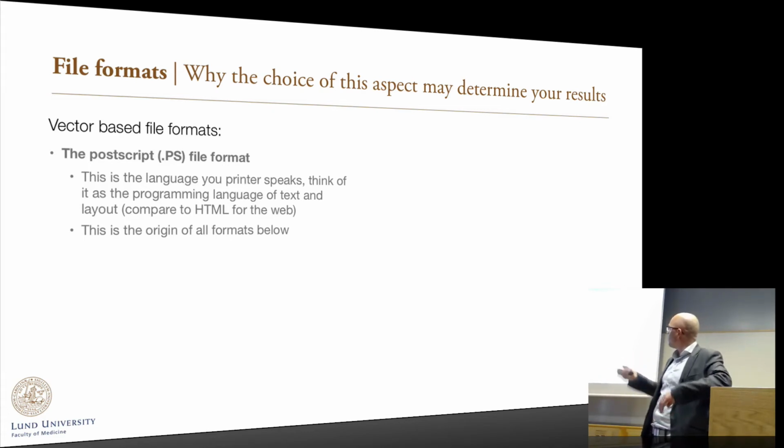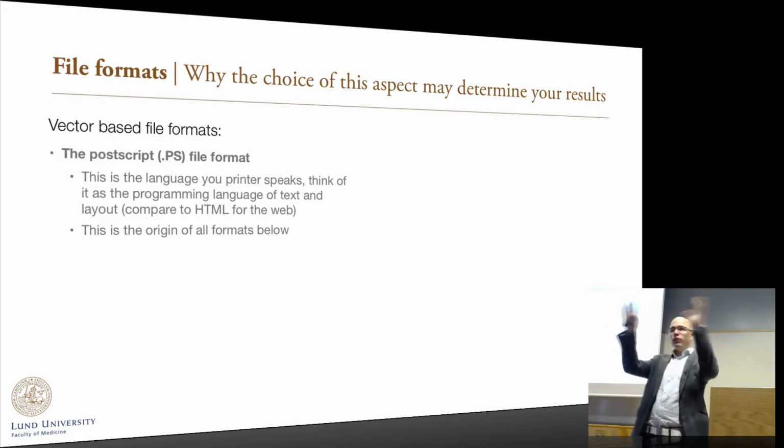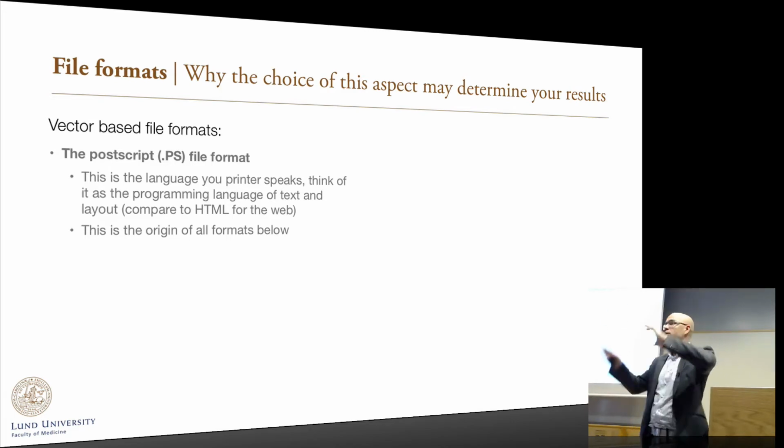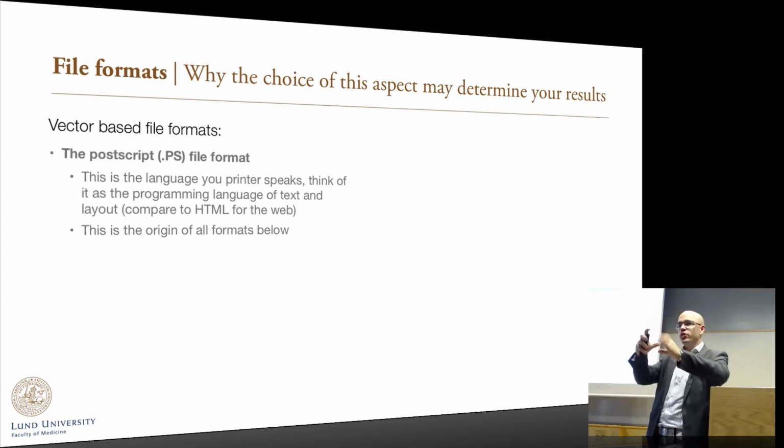In this file format, you can compare it to the HTML file format that we see on the web. So it's through programming describing how the page looks. So it has identities for how the page is formatted, where headings are, where other text is, where images should be. And this PostScript format can then have images in it as well. And that makes it possible for us to print both images and text at the same time.